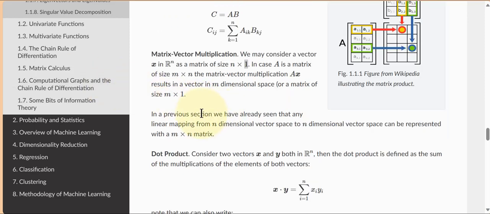Okay, now they remind us that in the last section we saw that a linear map can be represented as a matrix, and vice versa. A matrix can be represented as a linear map. So what we're doing here again is doing a linear map on x.